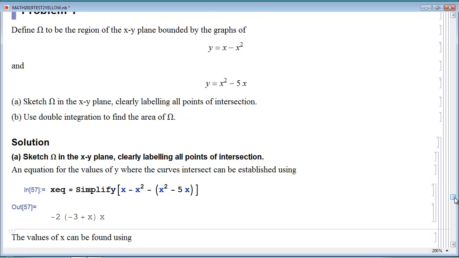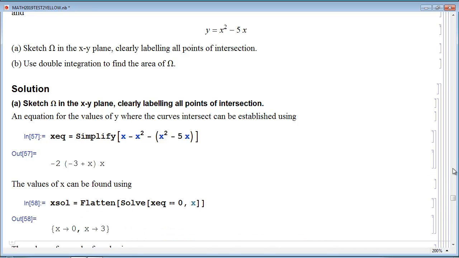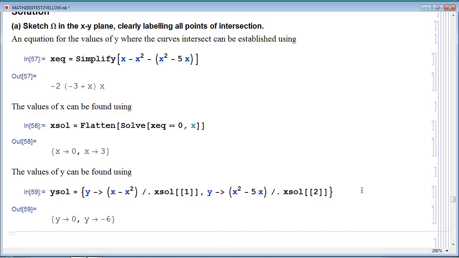So they're the x values where the curves intersect, and we find them using this, and then we need to find the values of y, and we can find those using this.